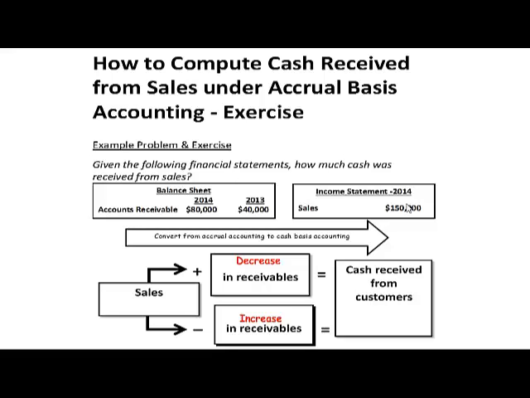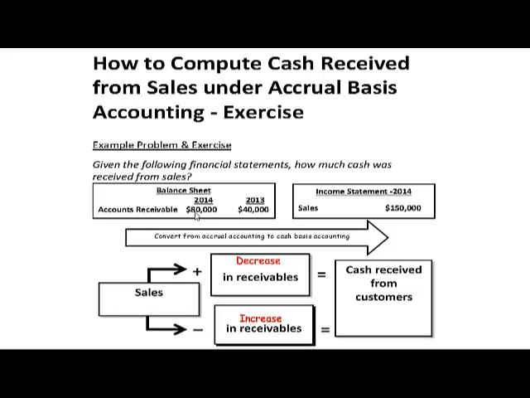Okay, my income statement says I had $150,000 worth of sales during the year of 2014. I also have what I call a comparative balance sheet. It's comparing accounts receivable, the ending balances of 2013 and 2014.